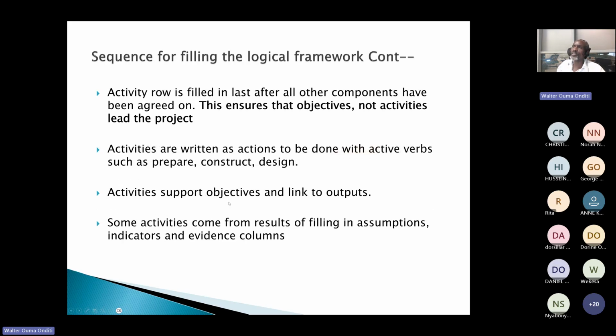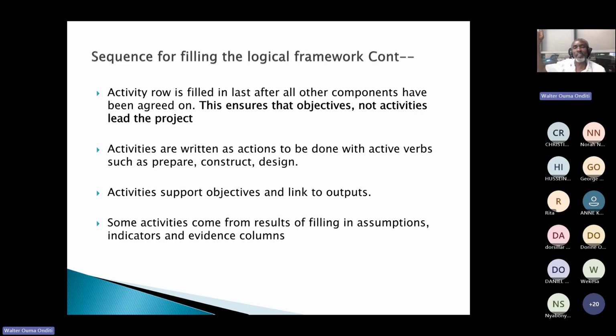Now, the activity row is filled last, after all components have been agreed on. This ensures that objectives, not activities, lead the project. This is why I say you don't think about the activity first, but you think about why the intervention. If you ever think about activity for your planning, activity to lead to output, no, that is wrong thinking.